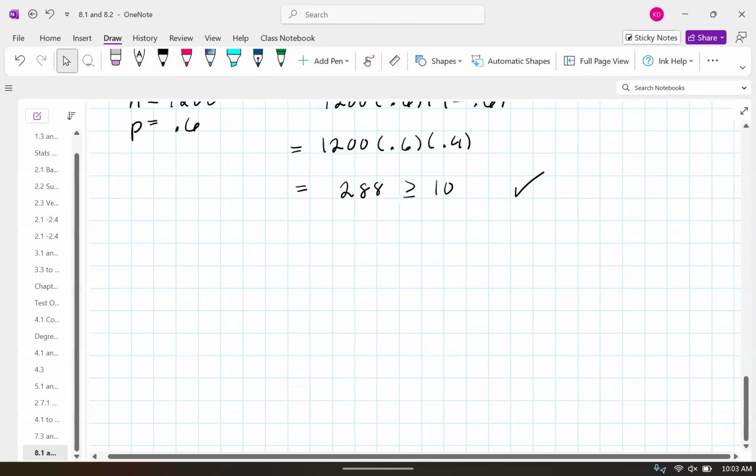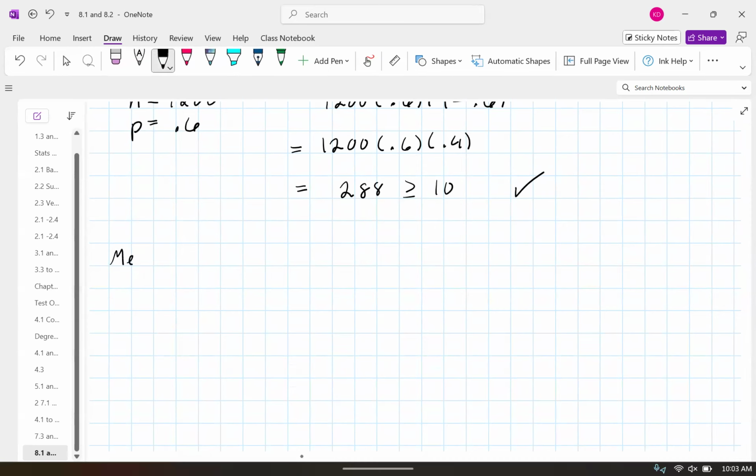Okay, so for a sampling distribution, the mean is going to be our population proportion.